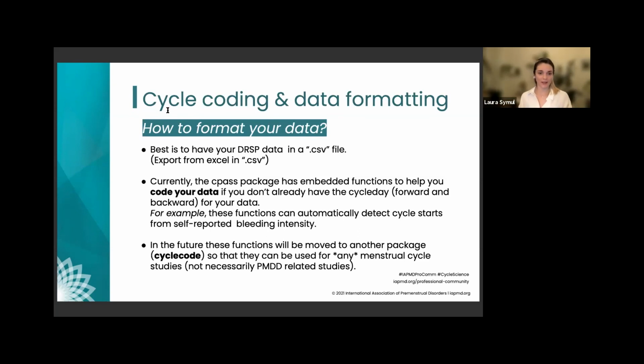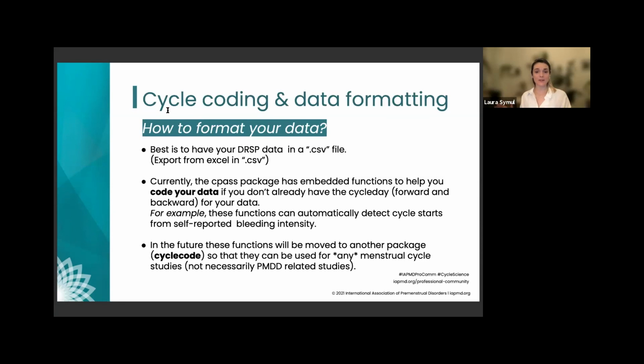We're working on separating the two. Having a cycle code package would basically translate the paper that Katja presented last week on how to study the menstrual cycle. We saw last time that there were so many ways to identify ovulation or to decide on a cycle start, and this package could do that.